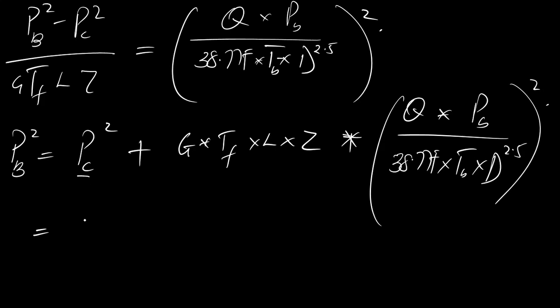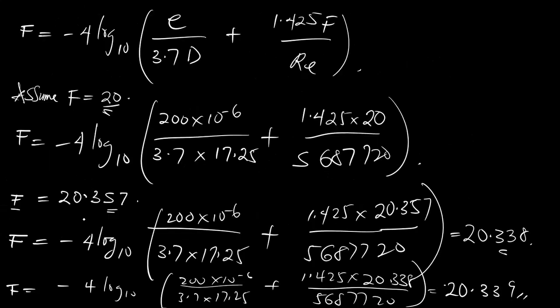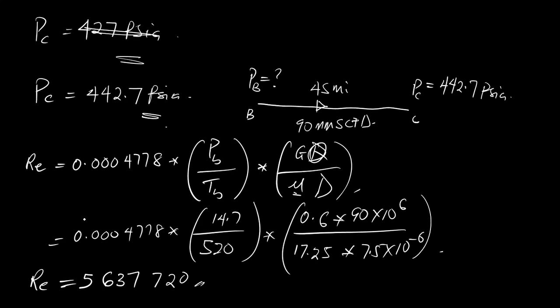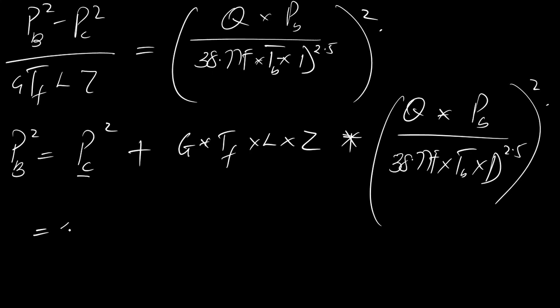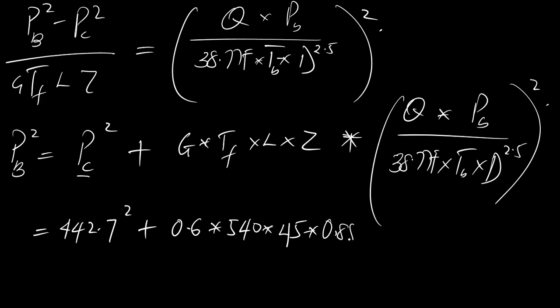So we have our PC to be 442.7. So 442.7 square plus 0.6 as the gas gravity times 540 as the gas temperature times the length of the pipe, which is 45 miles, times the gas gravity 0.88 times bracket open.